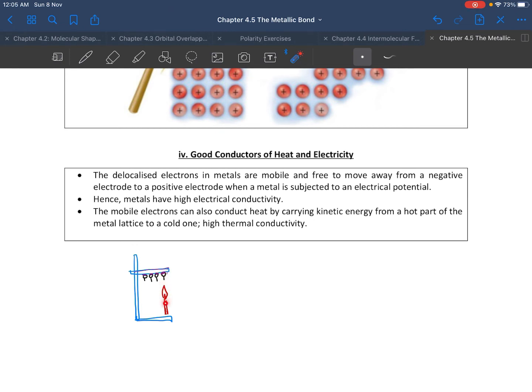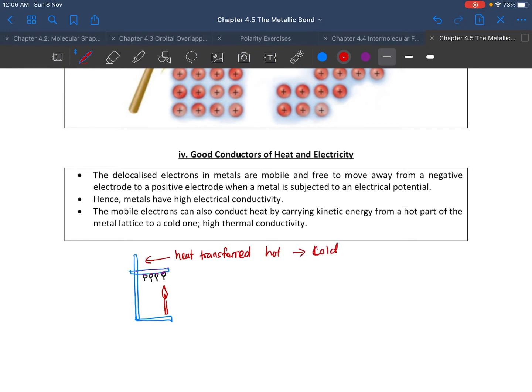So slowly this paku will fall. And then the next paku will fall. And then as the heating continues, the next paku lagi akan fall. And the last paku akan fall. It shows that heat transferred from hot to cold.